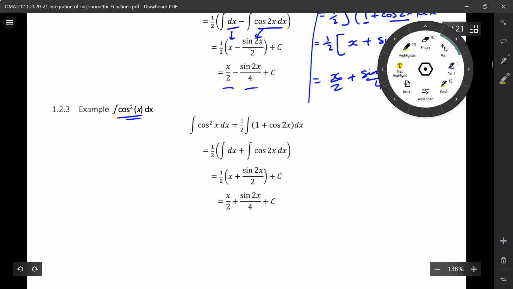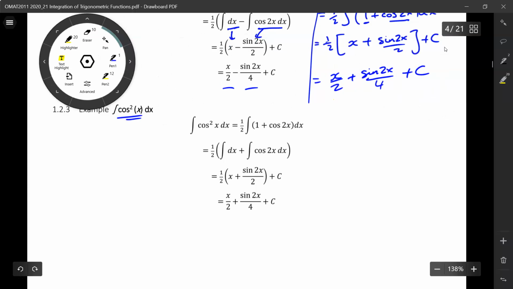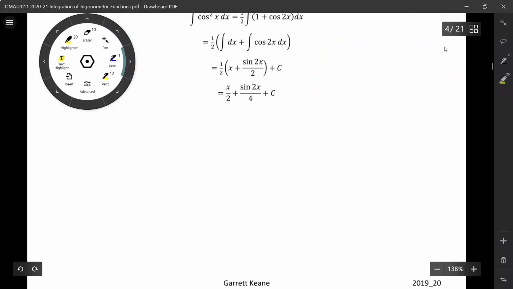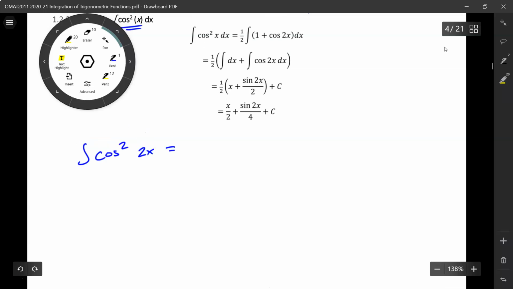But before we do that, I'm going to think up one here. Now I want you to do the integral, because there's a bit of a trick here. So it's cosine squared 2x dx, and if you can go ahead and do the integral of this.